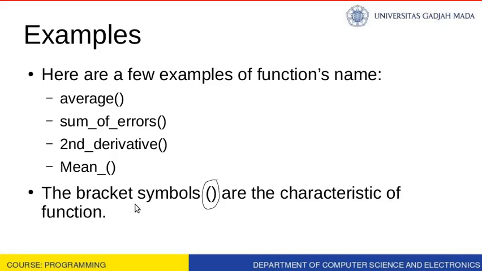You can go back to the previous chapter where we discussed arrays. An array has the characteristic of square brackets, but a function has the characteristic of regular brackets. So if you see this kind of bracket anywhere inside the program, then you can be sure that it is a function.